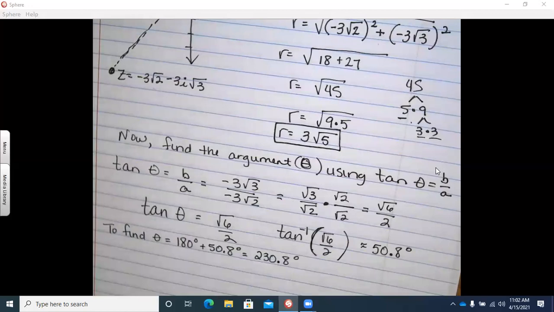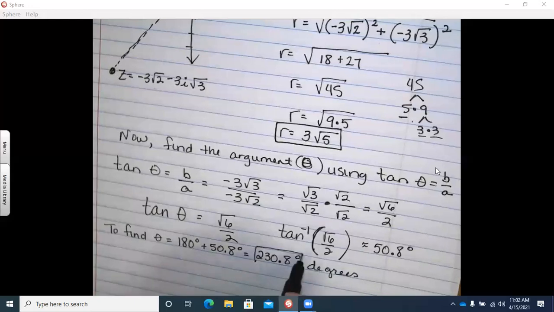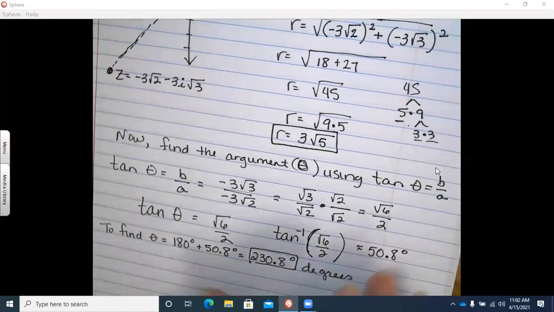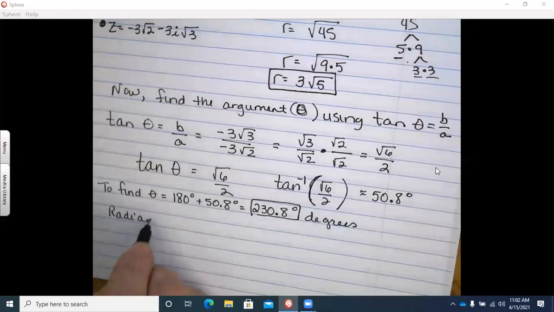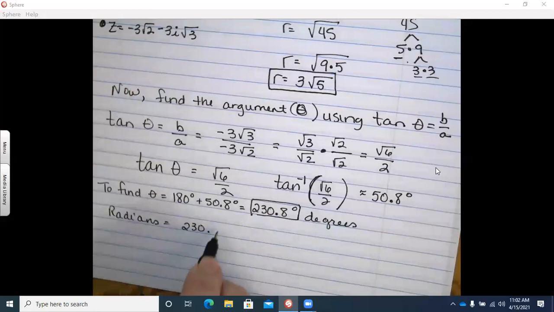Now that's in degrees, right? And then if we want to convert that to radians, we do our degrees times pi over 180 degrees.